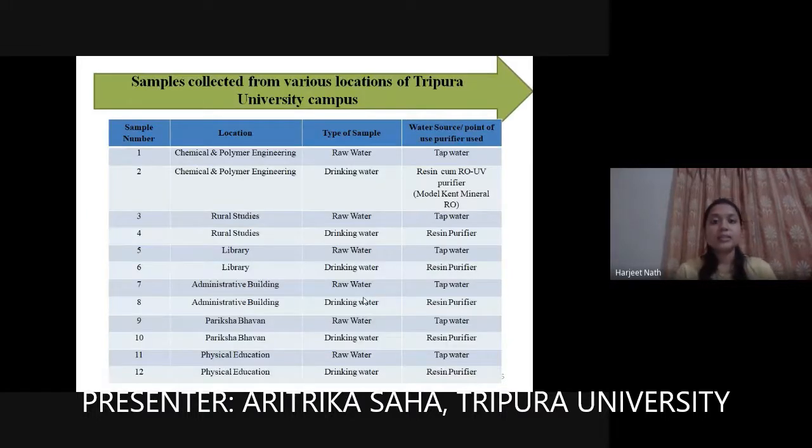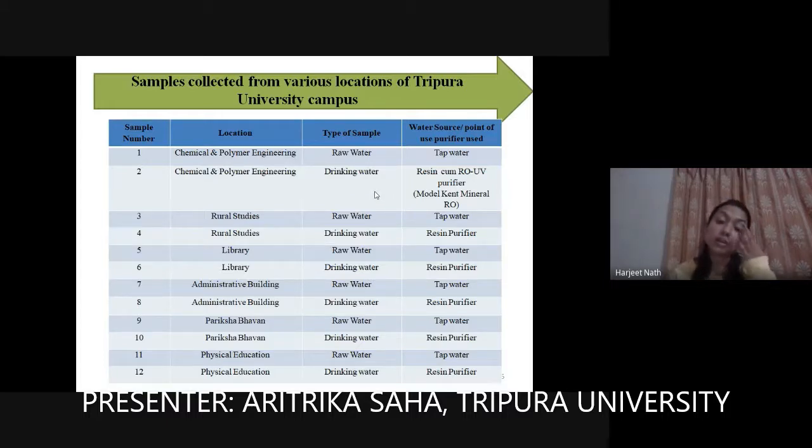These are the samples collected from various locations of Tripura University, from all the departments, for example the Chemical and Polymer Engineering Department. From each department, we have taken two samples of water. One is raw water, taken from the tap, and another is drinking water, taken from the purifier.